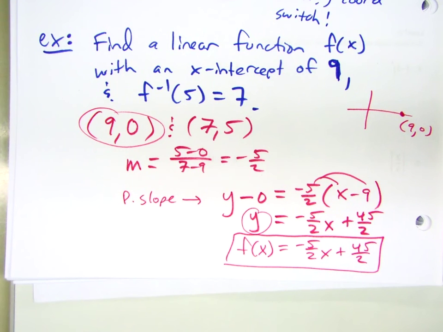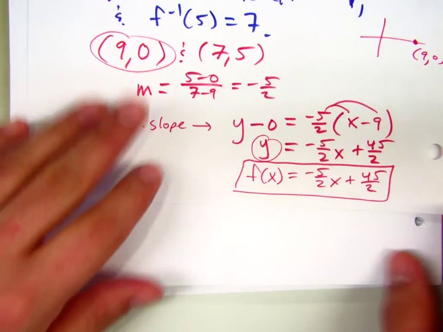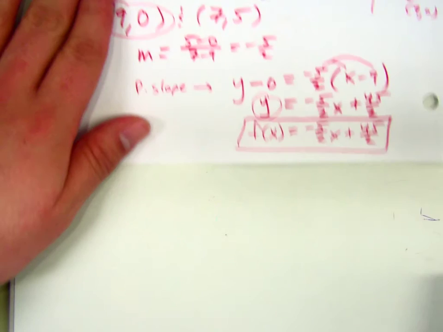Any questions on that? You could also just plug in 7 and 5 into slope-intercept form and work backwards. Correct, yes. Okay. Make sense?